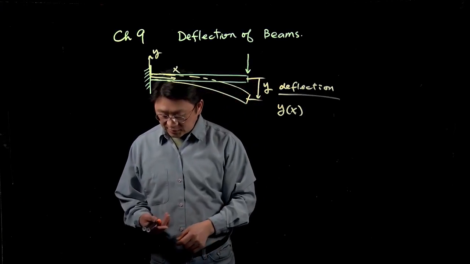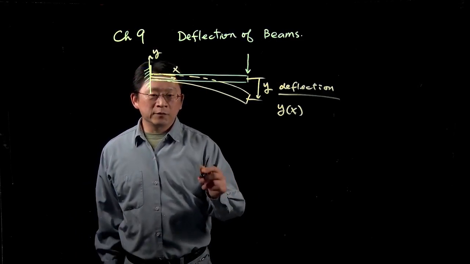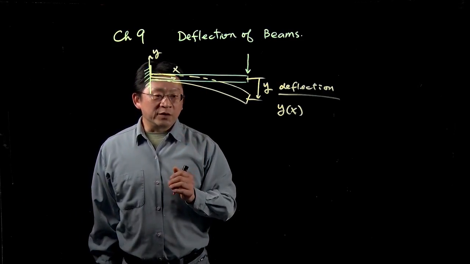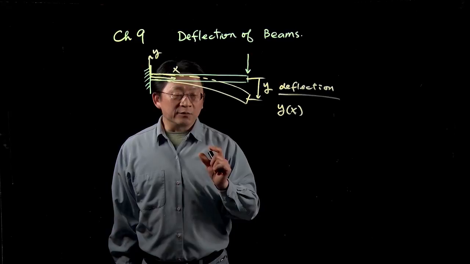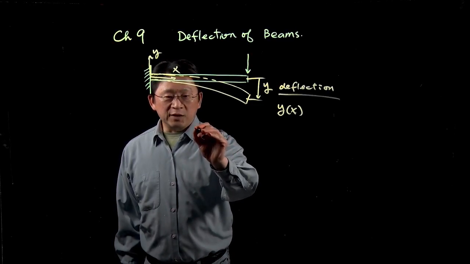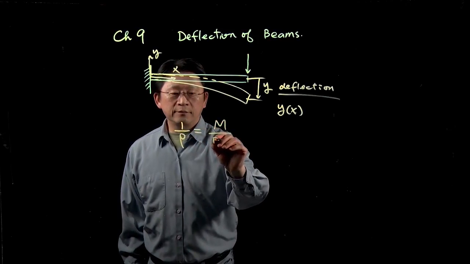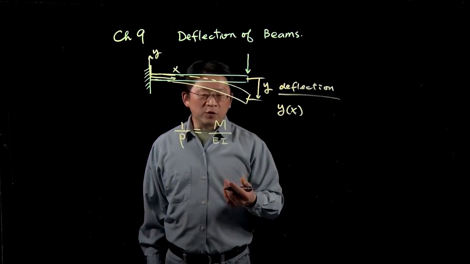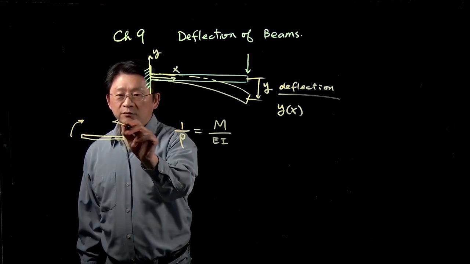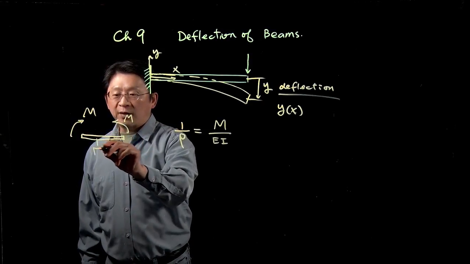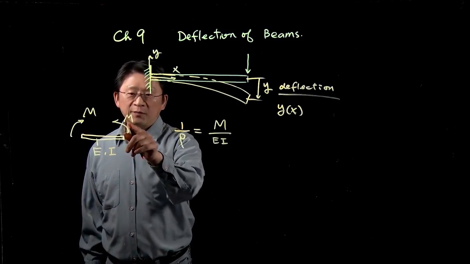Here is a very quick preview for you. To study the diffraction of the beam, we're going to review one equation we learned in bending. If you still remember, the bending has this equation here. If the beam is under bending moment M, and has Young's modulus E and moment of inertia I, the M is a given loading.